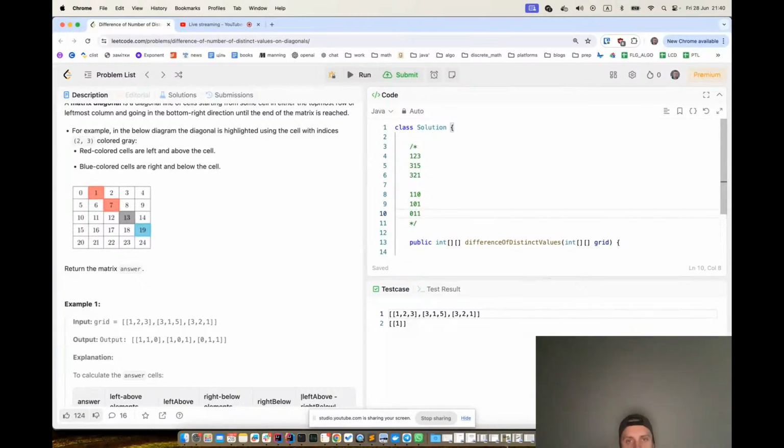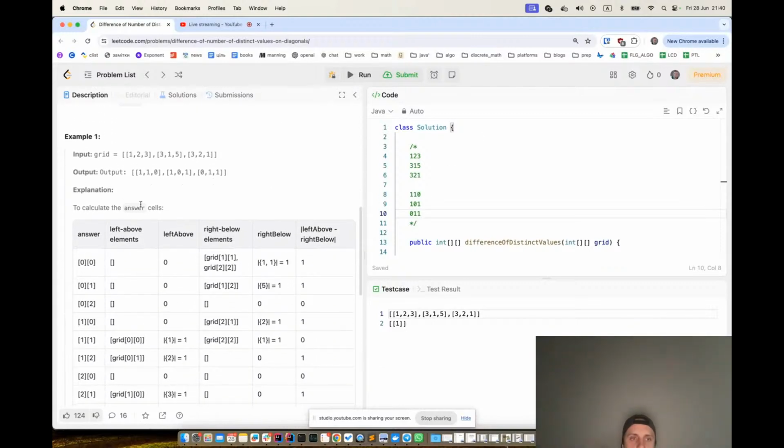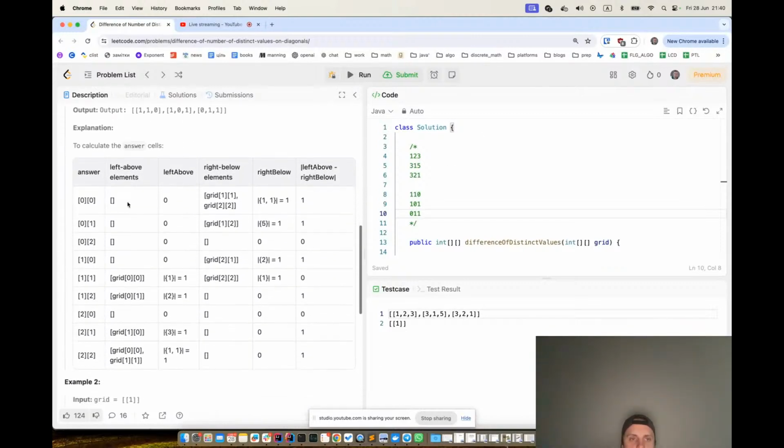Why? So then we have calculation. Left above is 0. Right below elements are 1 and 1.